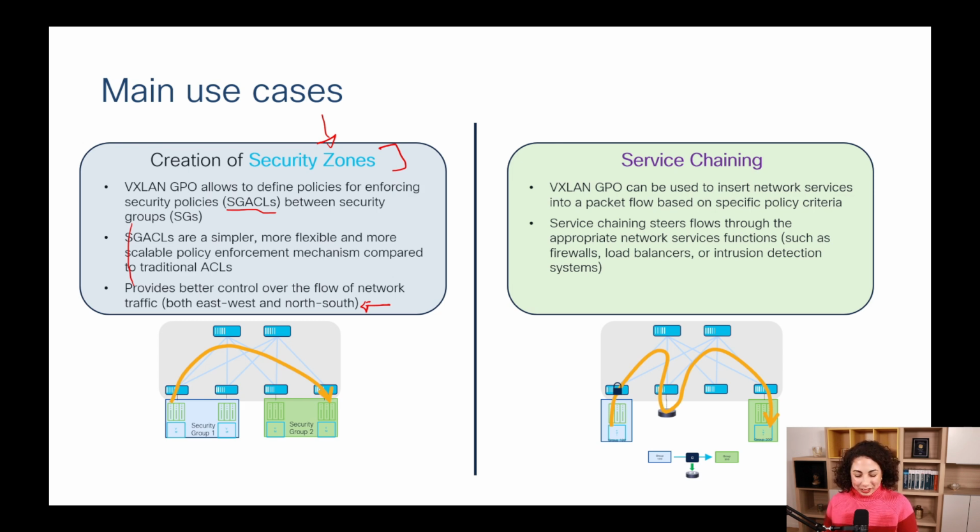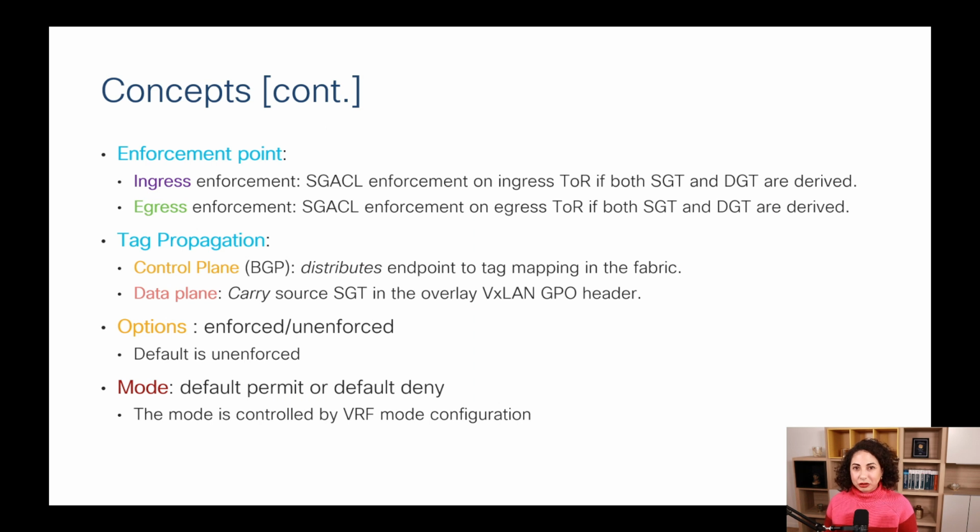Now that we have illustrated the main use cases, I would like to come back to some terminology with additional vocabulary. One of them, which is very important, is the enforcement point. If we speak about the capability, especially for the use case of allowing or denying traffic, which is the security zones creation, the position in the network, I mean the leaf in the network that will be able to enforce the policy, is what we call the enforcement point.